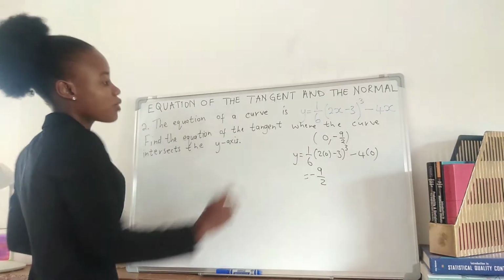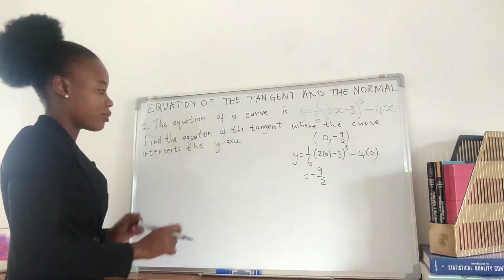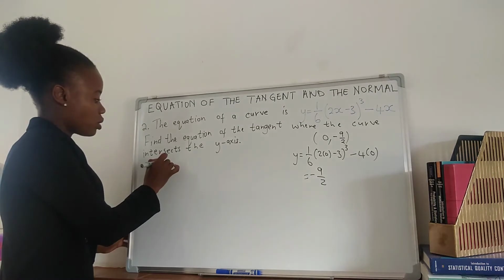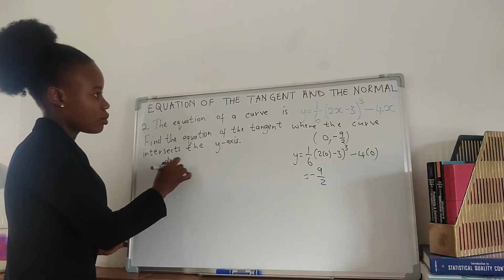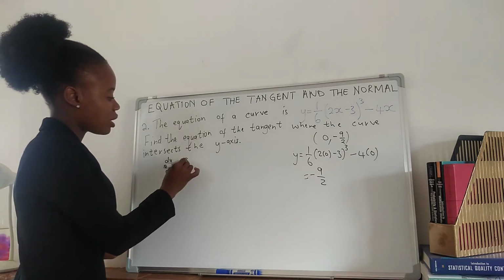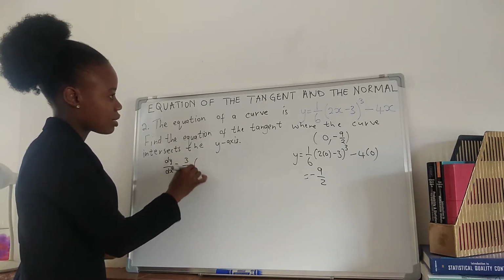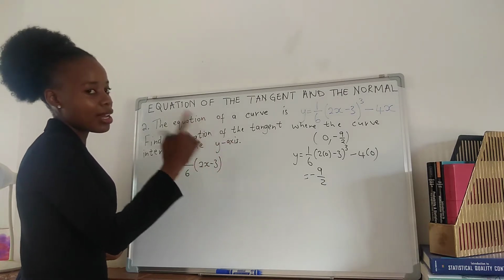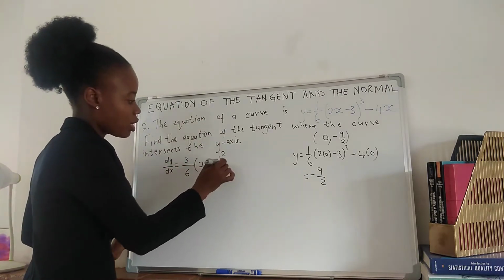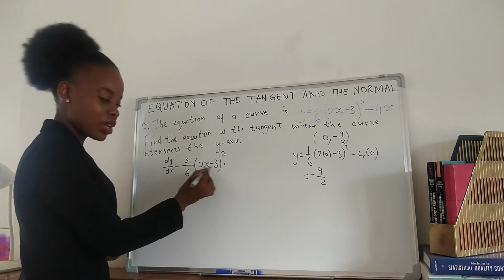So we're just going to differentiate our curve, right? So we're going to have dy over dx equals, we drop the power, we're going to have 3 over 6 (2x minus 3), 3 minus 1 is 2, then you multiply by the derivative of what is inside.